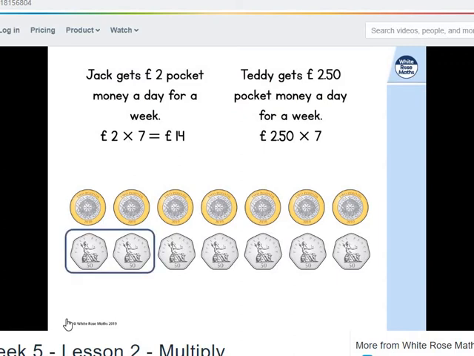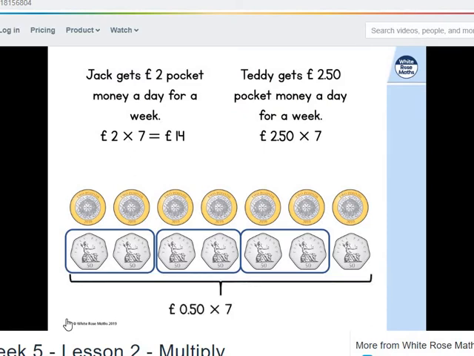So whereas Jack gets £14 for the week, Teddy gets an extra 50p a day. So after 2 days, he's got £1 extra. After 4 days, he gets another £1 extra. After 6 days, he's got an extra £1, and then on the 7th day, he's got an extra 50p. So there's our 0.50 times by 7. To calculate that, we've got 3 lots of £1 plus an extra 50p, which is £3.50.